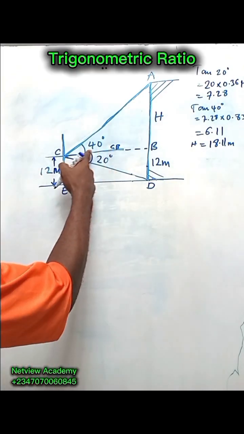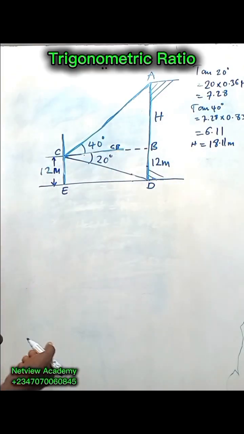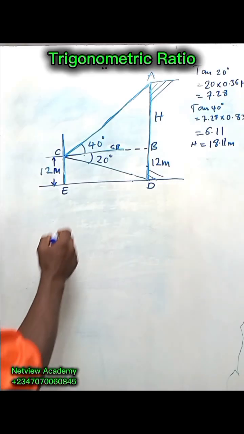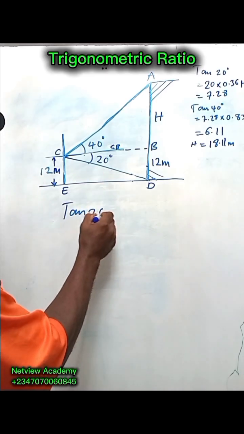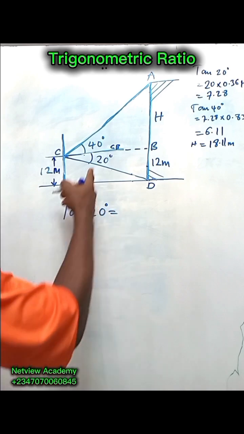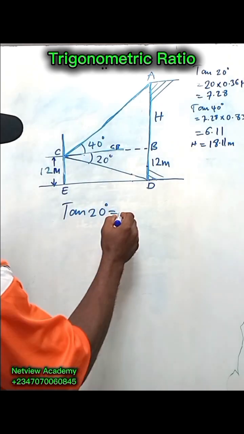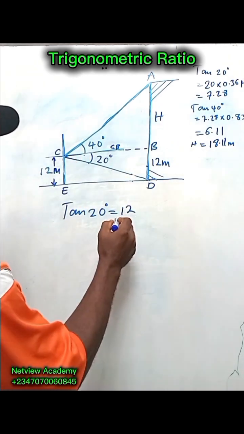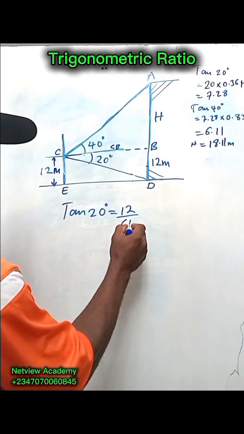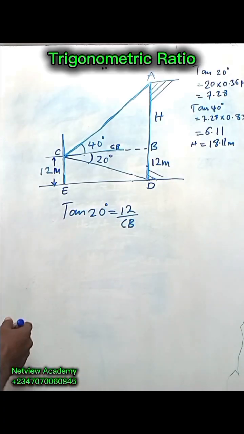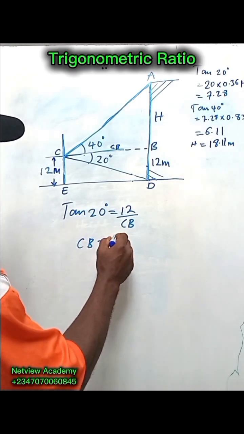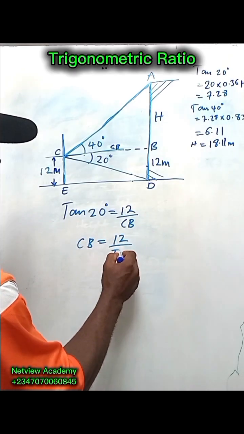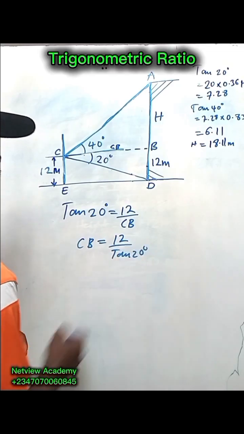To get the value of the adjacent CB, we are going to use the trig ratio: tan 20 degrees is equal to opposite over adjacent, which is 12 over CB. Therefore, CB is equal to 12 over tan 20 degrees.